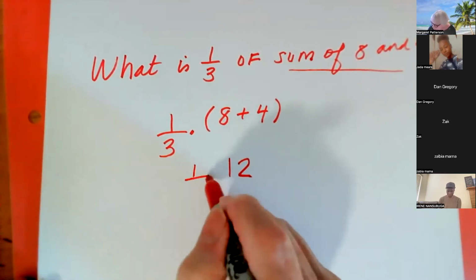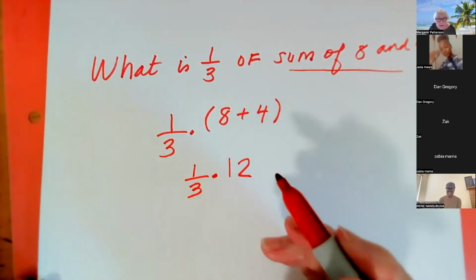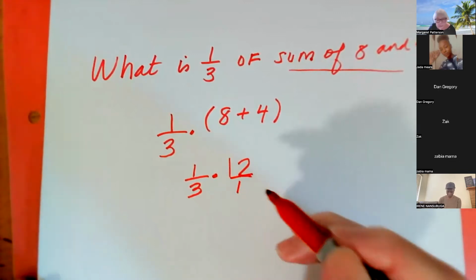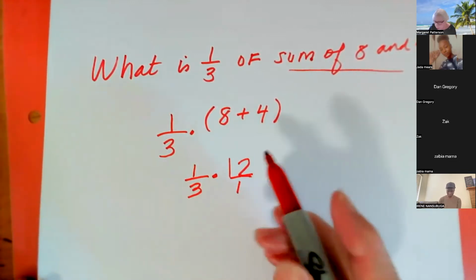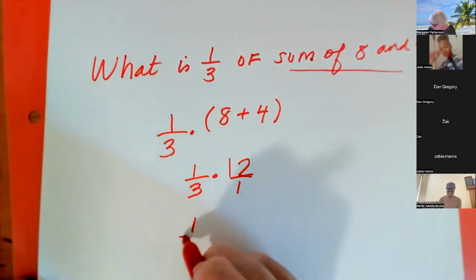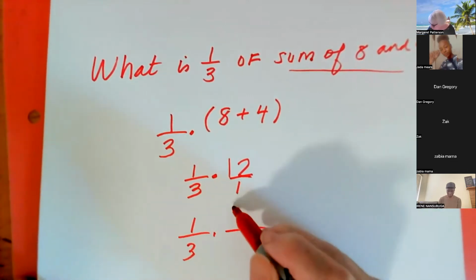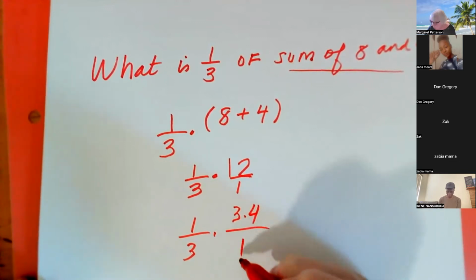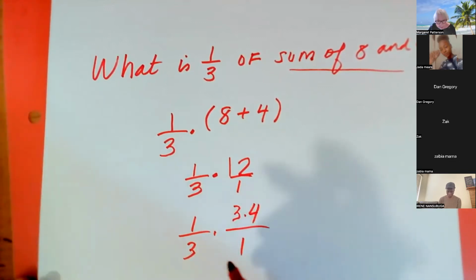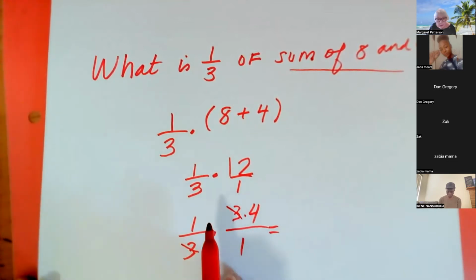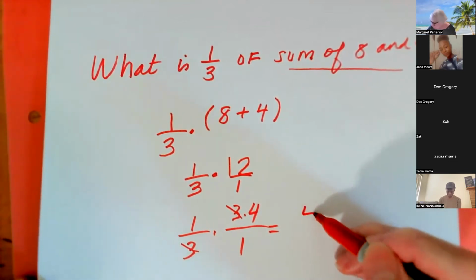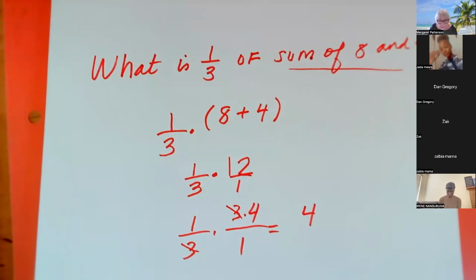Then I need 1/3 times that, and you could then take it from there. 3 into 12 ends up being 4. So you don't always have to break it down into primes if you can see what's going on. So this is 1 times 4 is 4, 4 over 1. Happens to be 4. Okay.